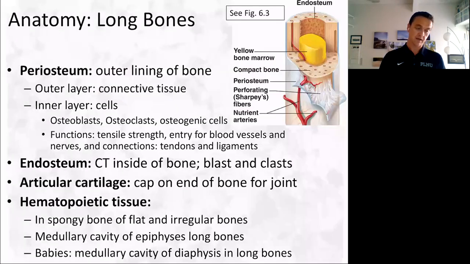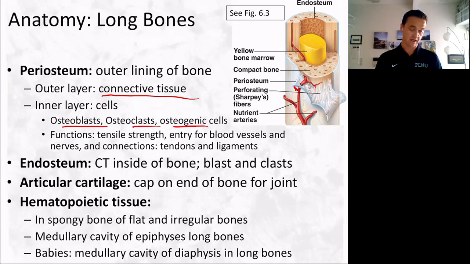Okay, a little bit more about the long bones. They're all covered in an outer lining of periosteum. The outer layer is connective tissue, that's what we would see out here. But the inner layer of that periosteum is cells. This is where we have lots of osteoblasts, osteoclasts, and those osteogenic cells that are there to produce more bone if needed. So this periosteum gives some tensile strength.